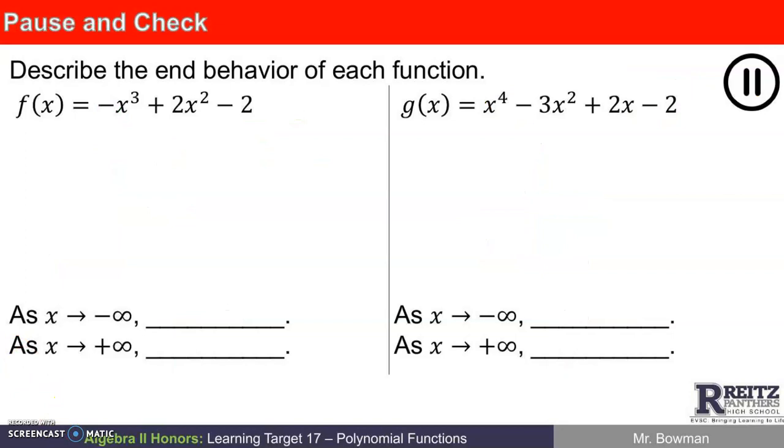Okay. Hit pause, see if you can describe the end behavior of the function, and when you think you've got it, hit play to get some feedback. For f of x equals negative x cubed plus 2x squared minus 2, the term with the biggest power of x in it is this one right here. This is an odd degree, but it's a negative leading term.